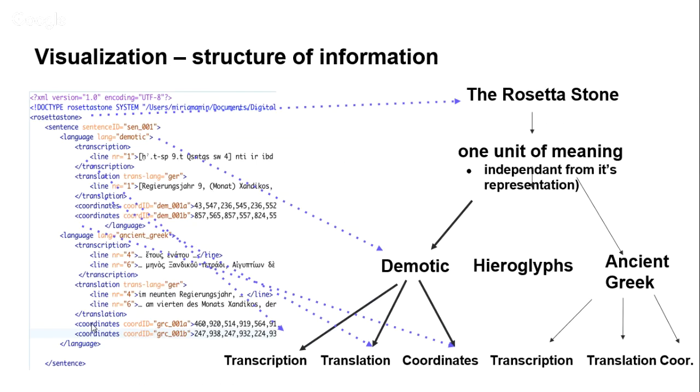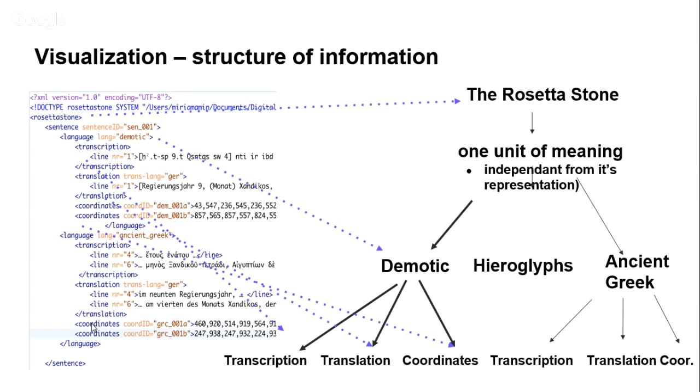That means this element is not on the stone directly, but you can find the three different versions of it. And this, like every unit of meaning, has three child elements: the demotic, the hieroglyphs, and the ancient Greek.